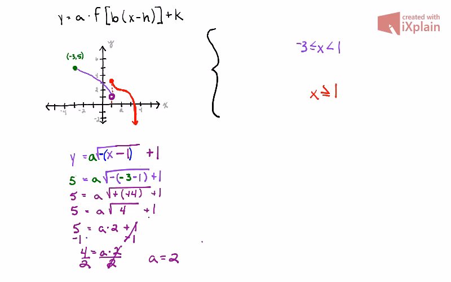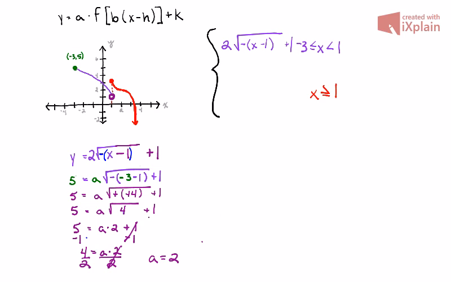So now what I can go ahead and do is change out what I have up here, right underneath the image. Okay, so I'm going to erase the a, because now I know that a, in this case, is 2. So the first part of my function here is going to be 2 square root of the negative quantity x minus 1, and then plus 1 on the outside.